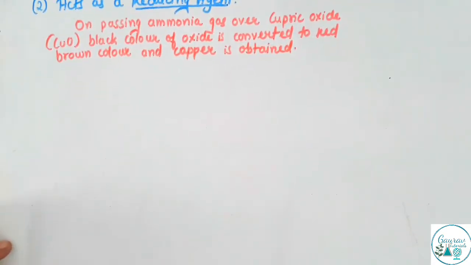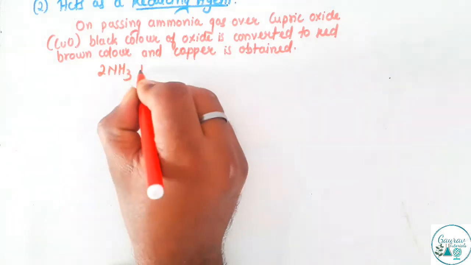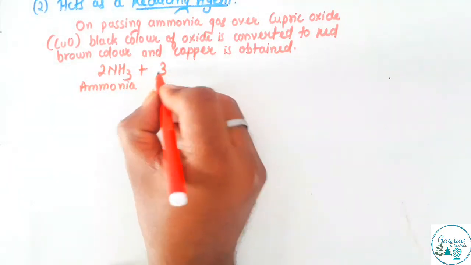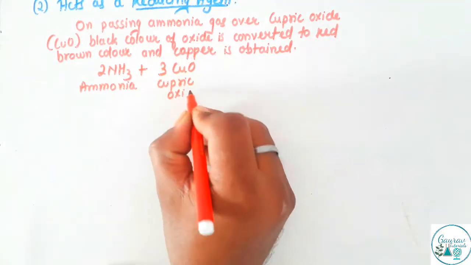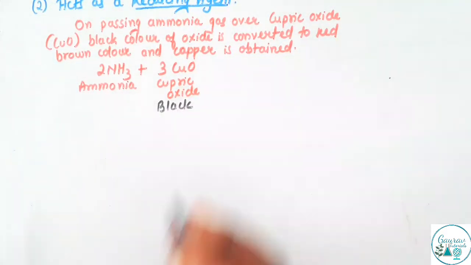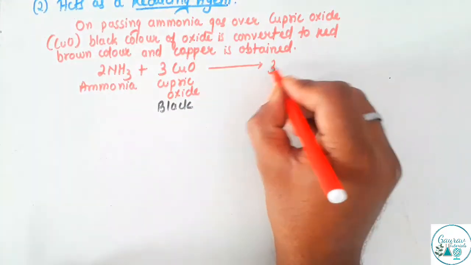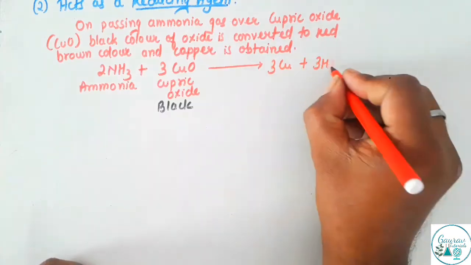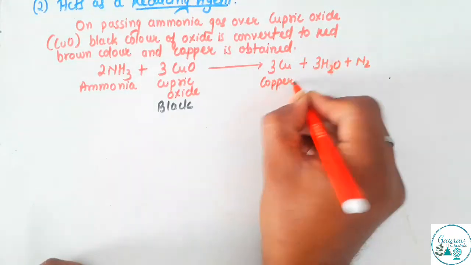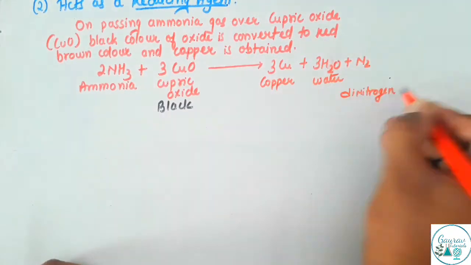We can summarize the reaction as 2NH3, ammonia, plus 3CuO, cupric oxide, gives 3Cu, copper metal, plus 3H2O, water, and N2, that is dinitrogen.